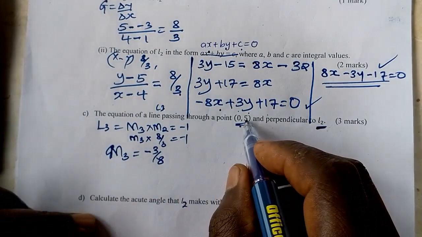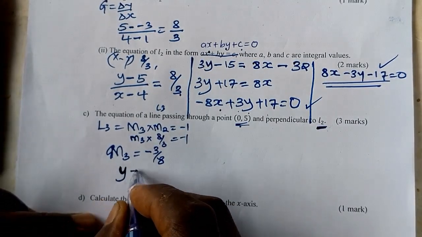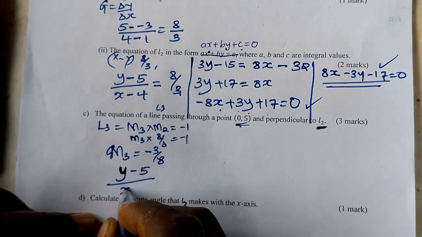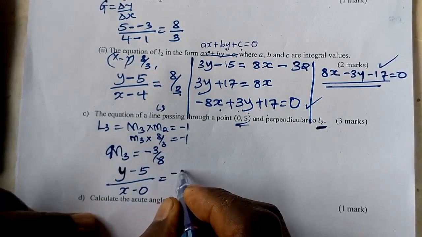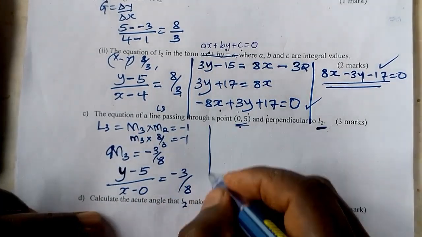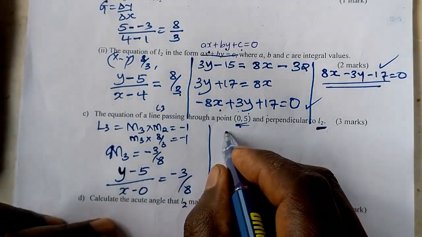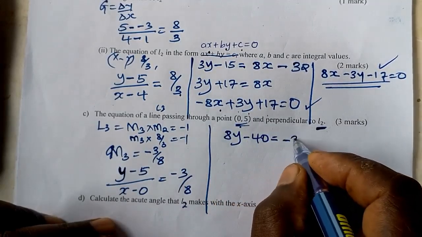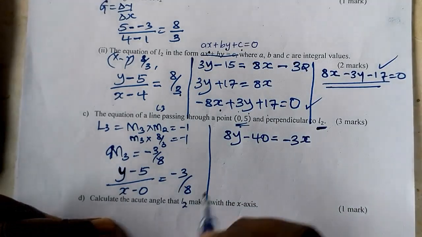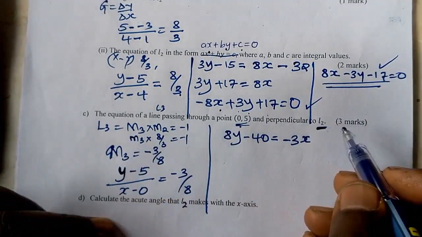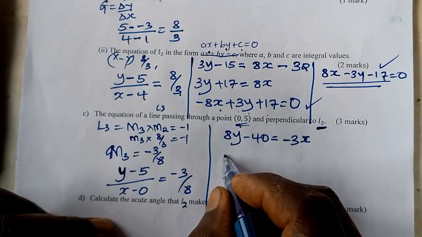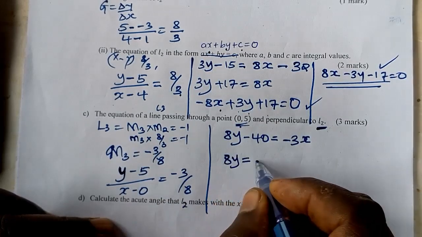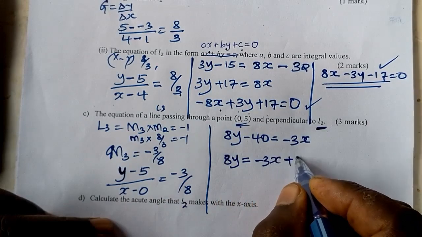Now it is passing through (0, 5), so we say y minus 5 over x minus 0, the answer is negative 3 over 8. Cross multiply, we are going to have 8y minus 40 is equal to minus 3x. So in the form we were told, this can be 8y is equal to minus 3x plus 40.